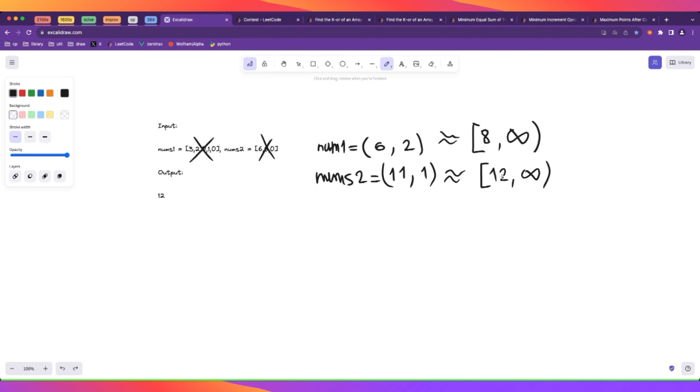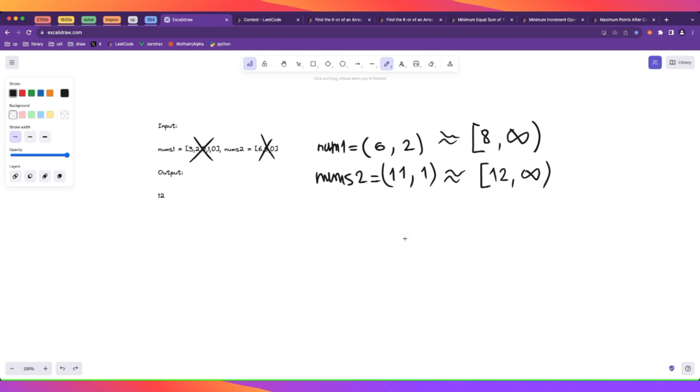So now we want to find the intersection of these two intervals, and one way to do the intersection of intervals programmatically is just to get the maximum of the left limits and the minimum of the right limits.